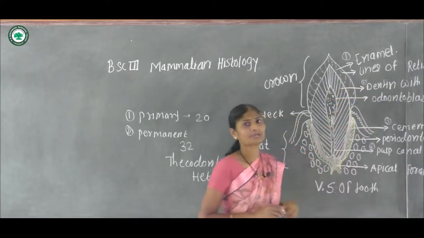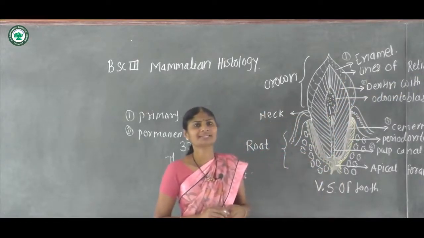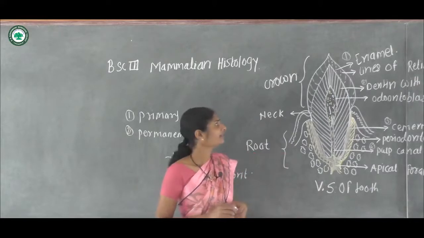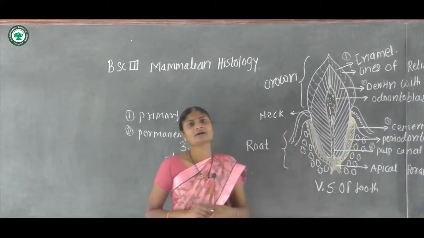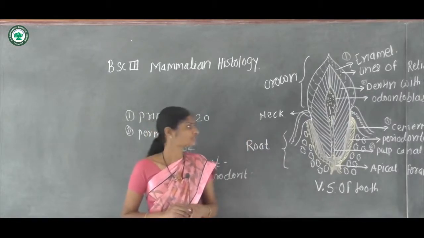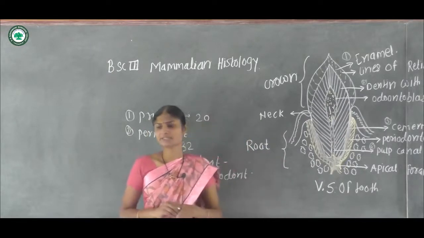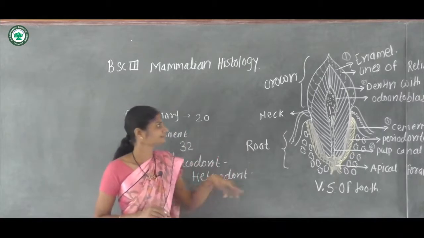These lines of Retzius are incremental lines, and they increase according to age.